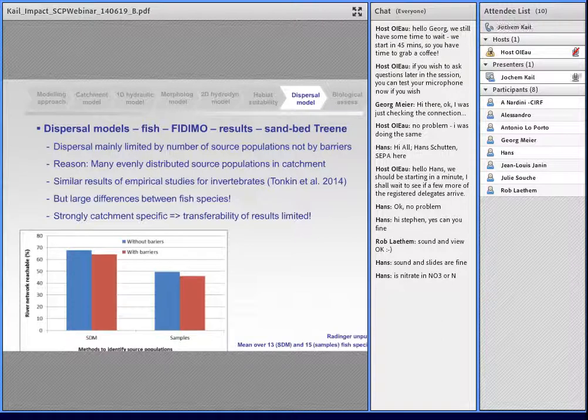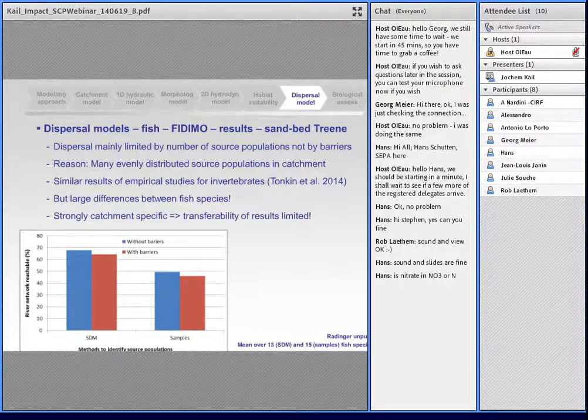The reason for these small differences is that the source populations are more or less evenly distributed. So if you remove one barrier, there's a low probability that you really have a higher probability for the fish to move somewhere where no source population was before. These results are strikingly similar to results recently reported from an empirical study for invertebrates.